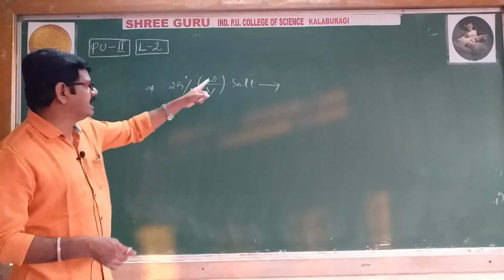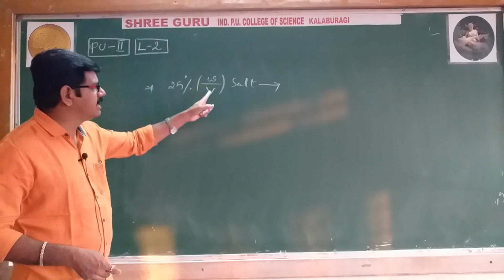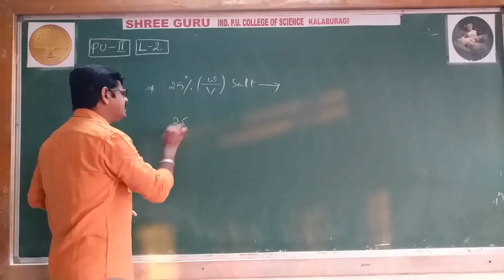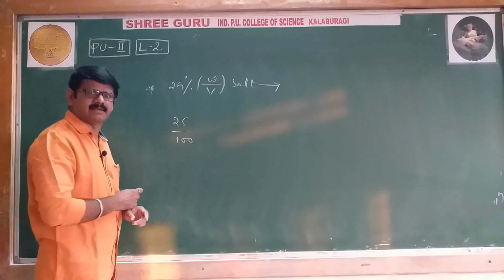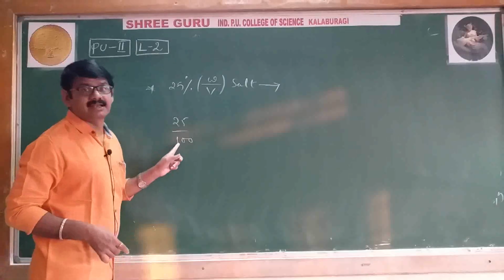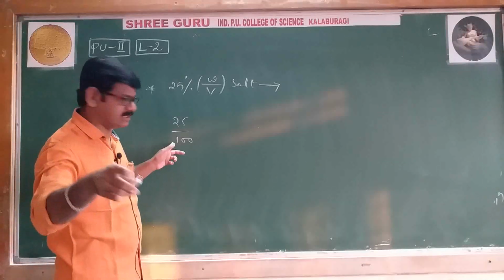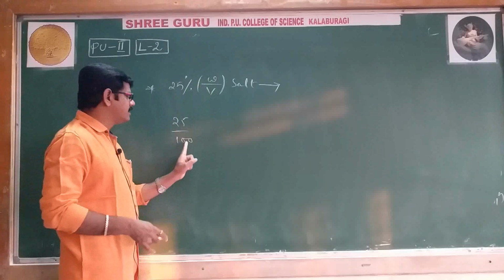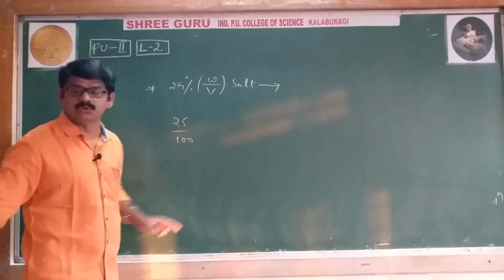Very simple. 25% is nothing but 25 divided by 100. 25 is related to solute, 100 is related to solution, and 25 is related to mass, 100 is related to volume.